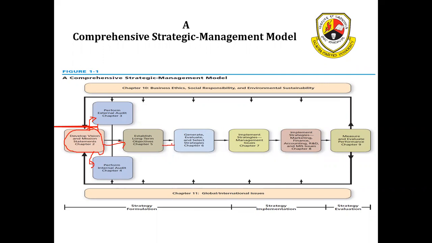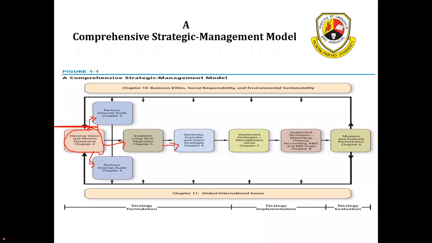Based on those long-term objectives, we then formulate strategies to help us achieve them. I gave you the example of what our management team at this local factory did.